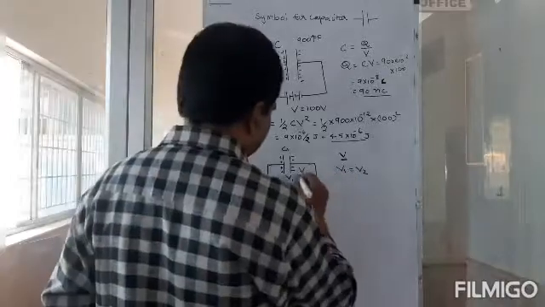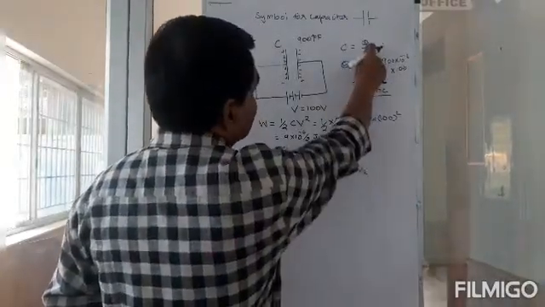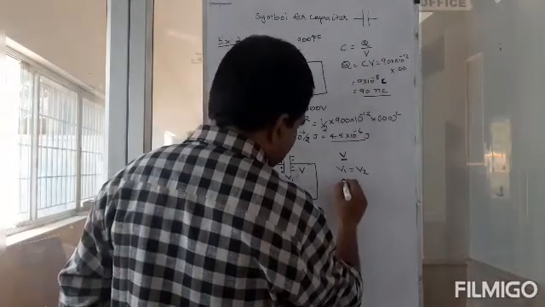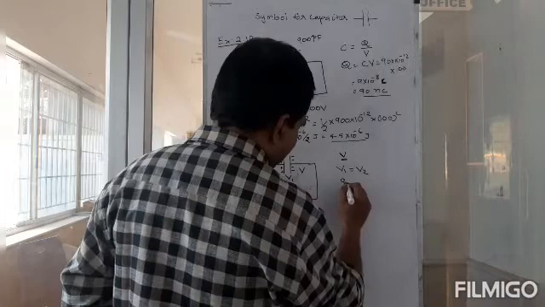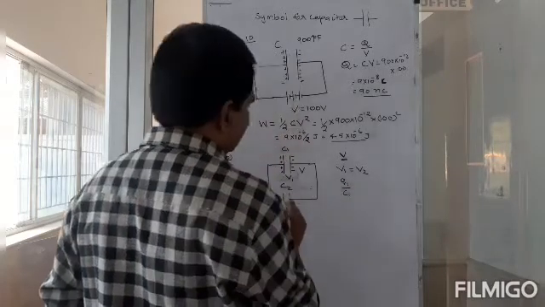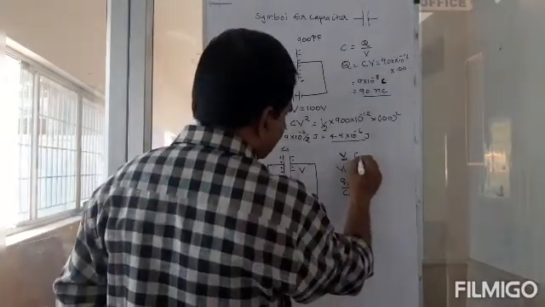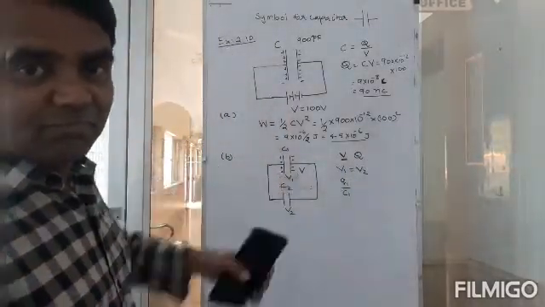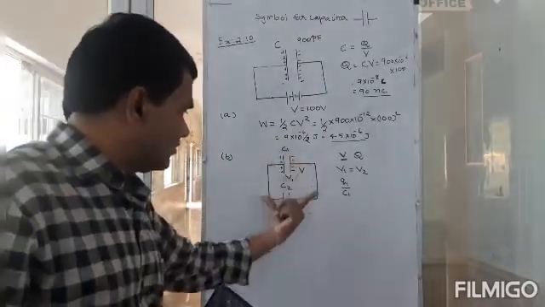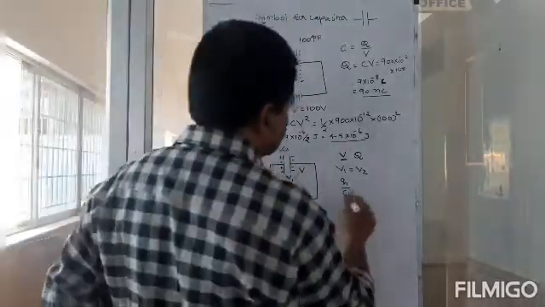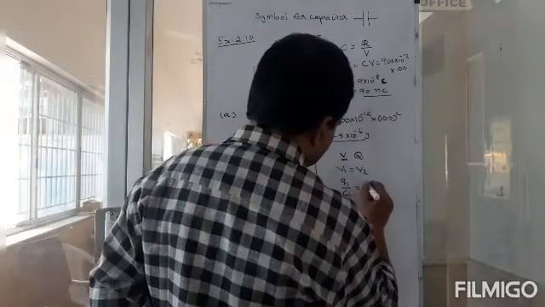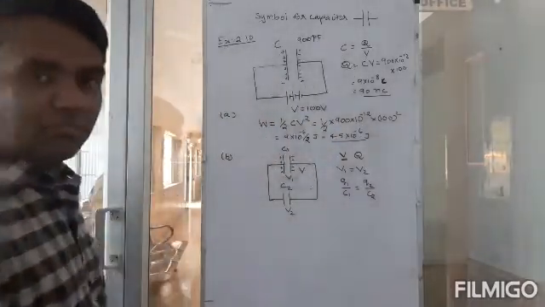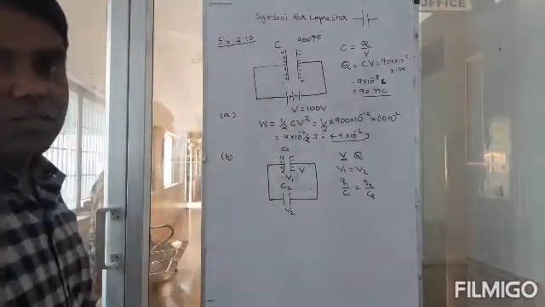Well, what is V1? V1 is actually, from here, V is equal to Q by C1, right? So, I will say that it is going to be Q1 by C1. Why? You started with Q charge, now you got Q1 charge here. So, you are going to share the charge, right? So, Q1 by C1 must be equal to Q2 by C2 in the final state.